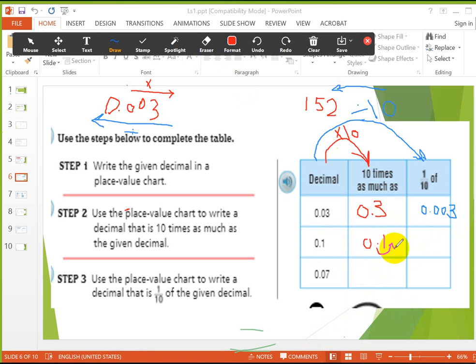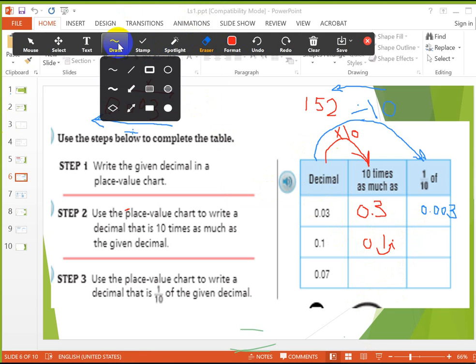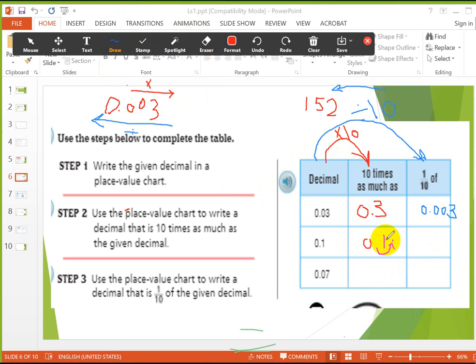I will erase the decimal point from here and move it just one digit into the right side. So the number will be what? 1 and point. There is no decimal part, so it will be 0 in the decimal part.